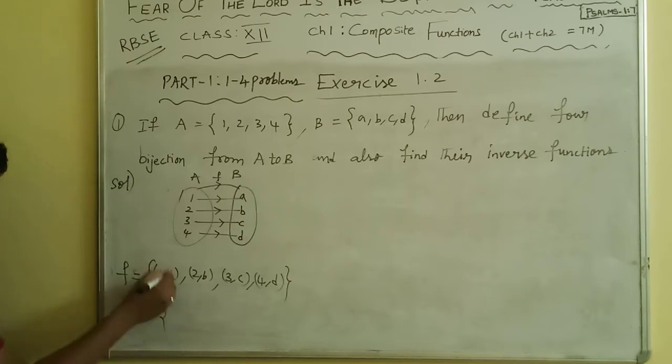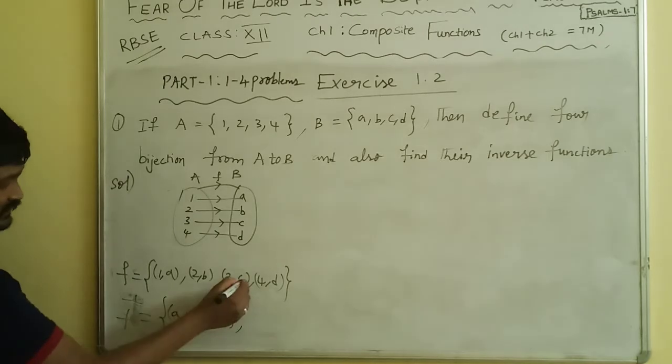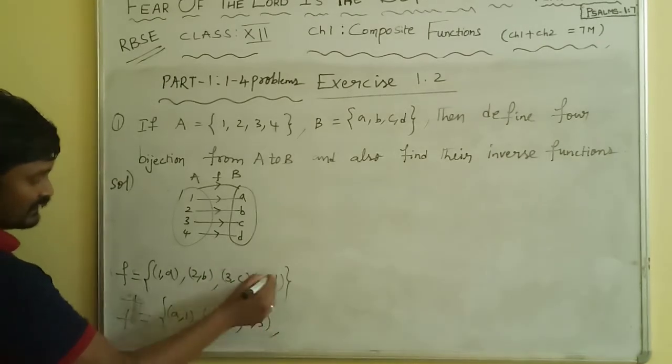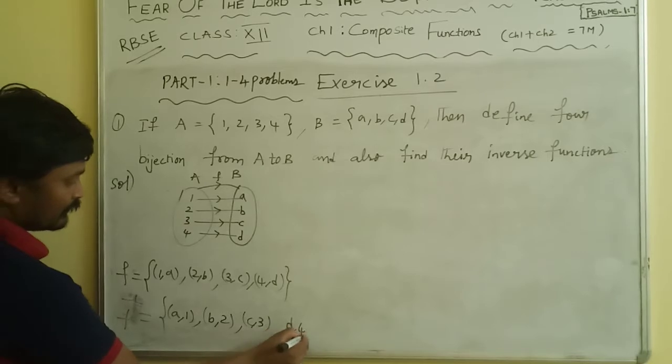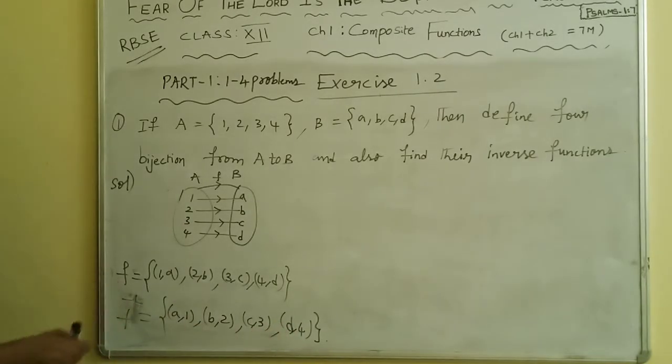Just the reverse of this. So (1, A) becomes (A, 1), (2, B) becomes (B, 2), (3, C) becomes (C, 3), and (4, D) becomes (D, 4). So this is about your F and F inverse, and the first function is completed.